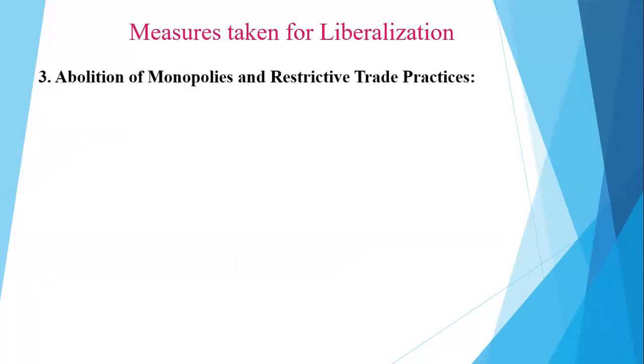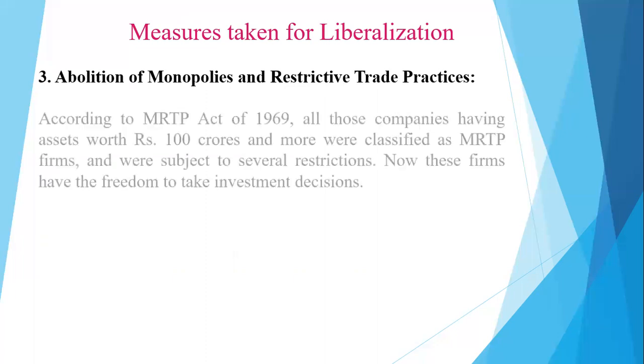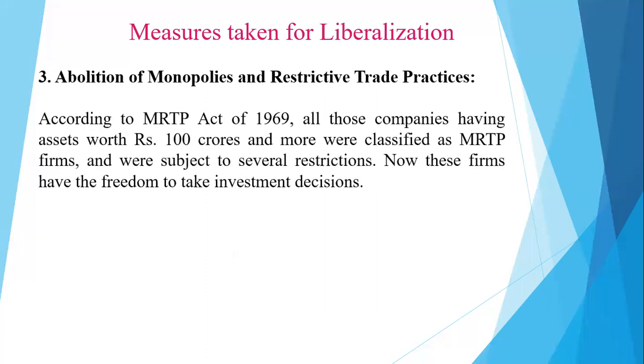Now, the next measure, abolition of monopolies and restrictive trade practices. According to the MRTP Act of 1969, all those companies having assets worth rupees 100 crores and more were classified as MRTP firms and were subject to several restrictions. Now, these firms have the freedom to take investment decisions.